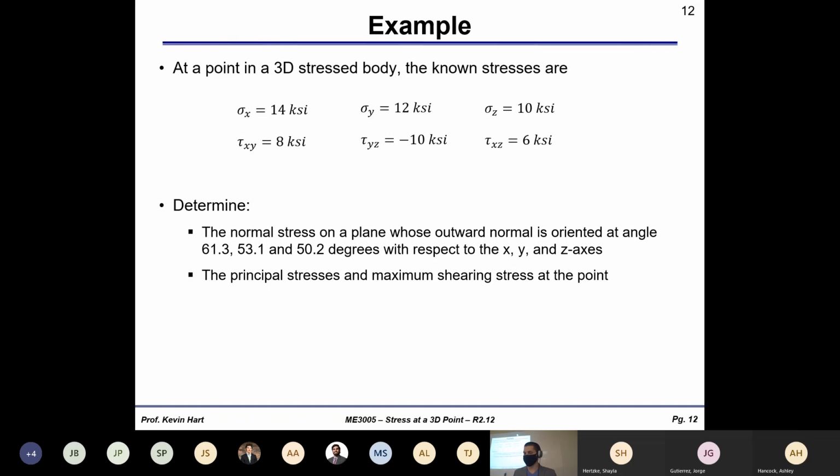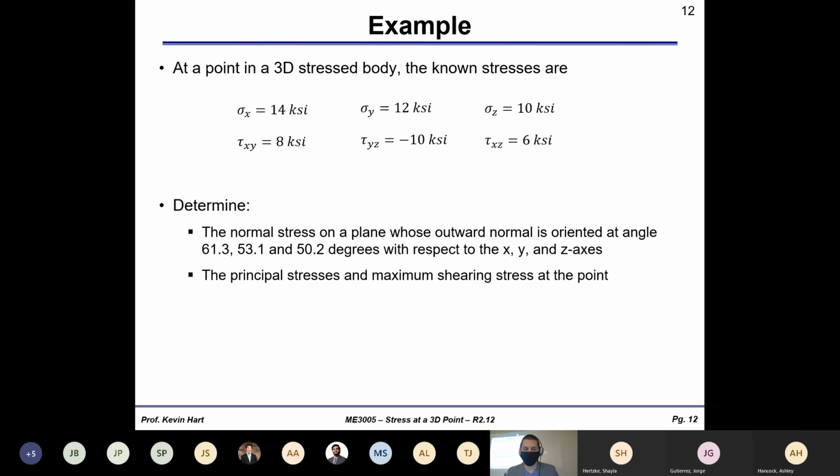A normal axis sits at 61.3 degrees with respect to x, 53.1 degrees with respect to y, 50.2 degrees with respect to z. We are asked to calculate the normal stress on the oblique surface that would be created with that particular cut. And then we are also asked to determine the principal stresses and maximum shearing stress at the point. So this is our example.